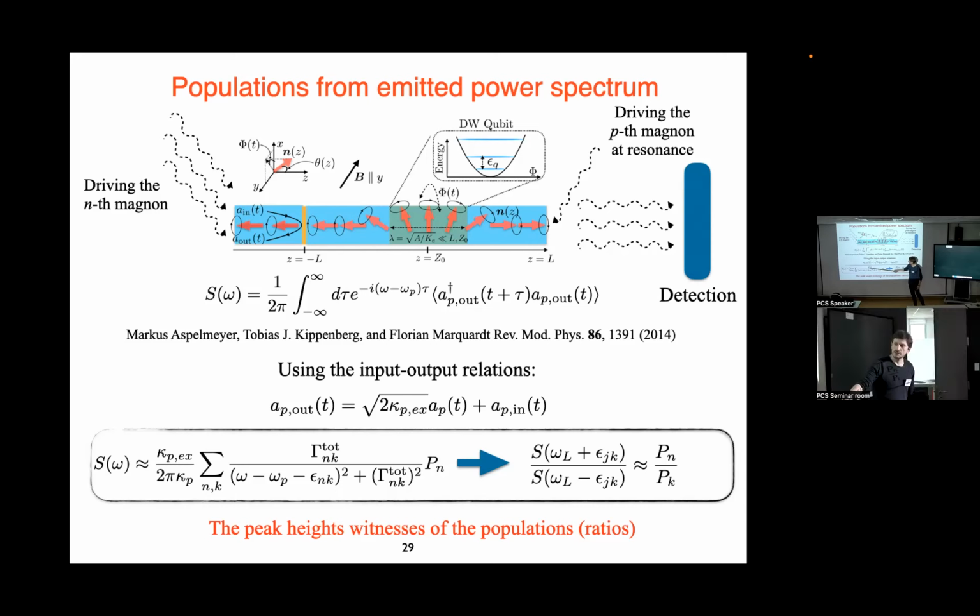What's important for this rate is gamma nk equals gamma kn here. And if you take the ratio of the amplitudes, the heights of the peaks at omega p plus epsilon j k and omega p minus epsilon j k, it gives you direct access to the populations.